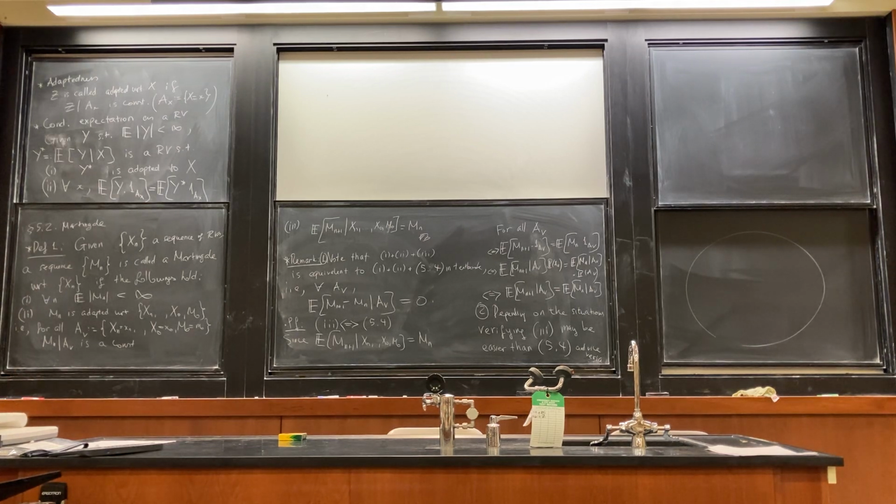So depending on the cases, if I want to prove a martingale, then checking condition 3 could be easier than checking condition 5.4, and conversely, 5.4 may turn out to be easier than condition 3. That does depend on the situation.